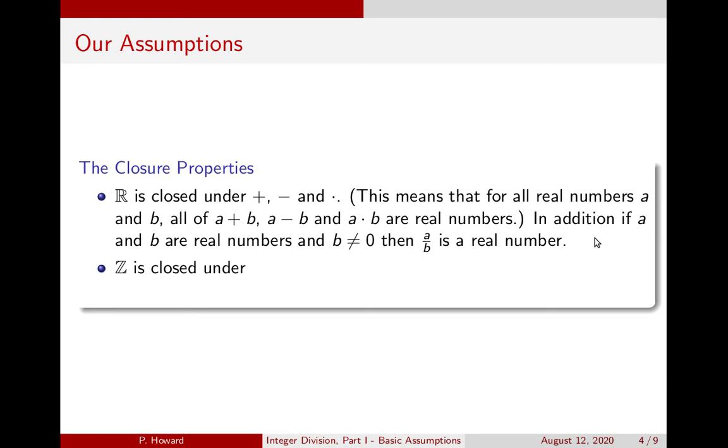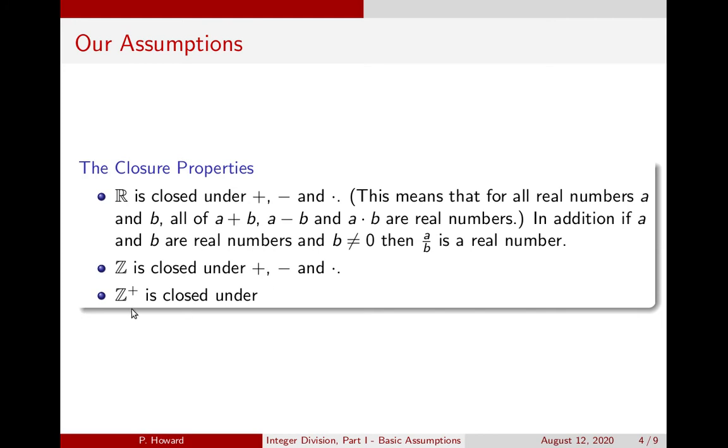What about the integers, the positive, negative, whole numbers, and zero? What operations can you perform on the integers and know that you will always get an integer answer? Adding, subtracting, and multiplying integers will always give you an integer, the same three properties under which the real numbers are closed.